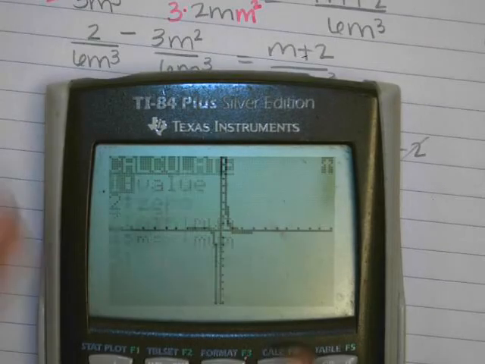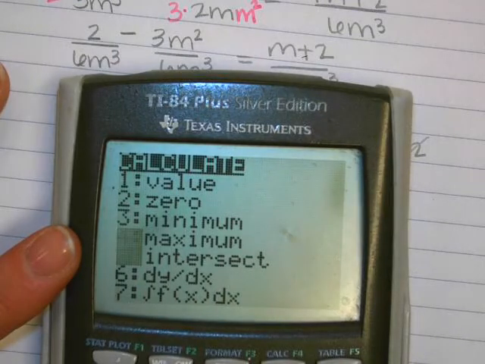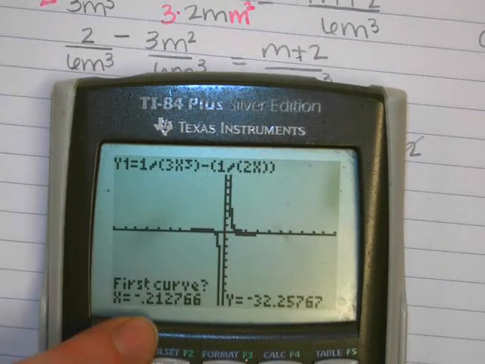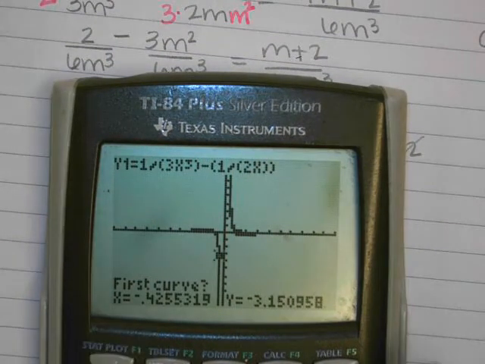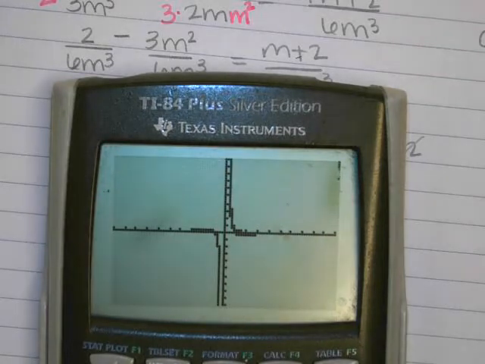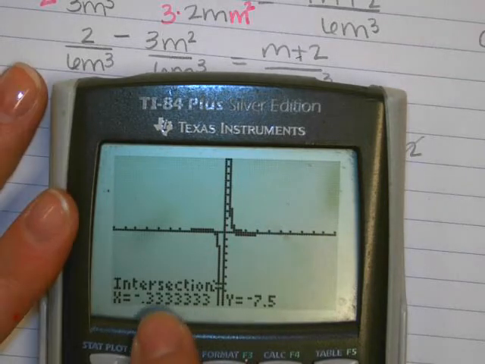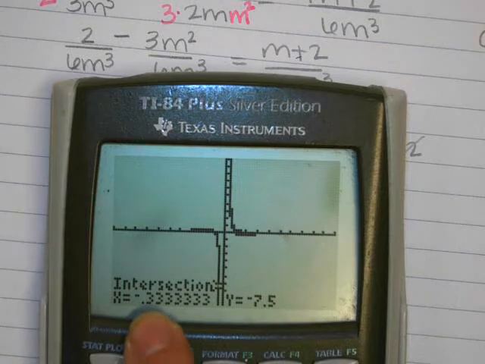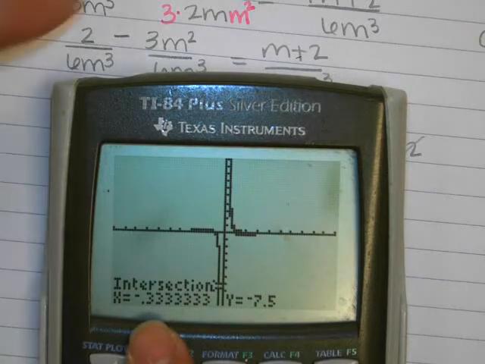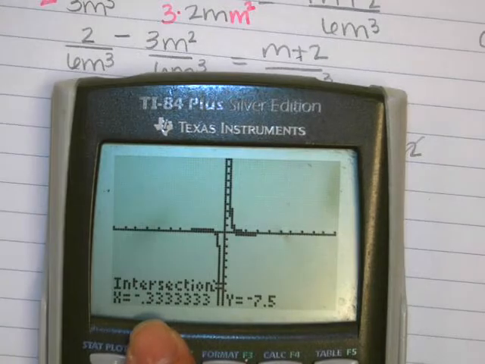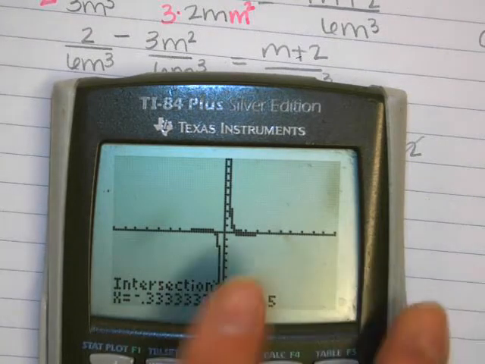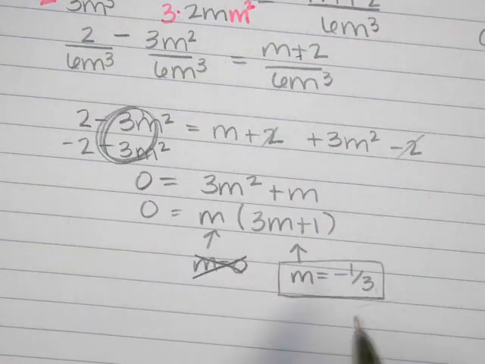So if I do second trace and I do intersect, I'm just going to move to like -1/3-ish. And what you'll see is that they do cross at -1/3, even though I can't see it. My calculator was able to find it, so that is the solution. And if you plug in -1/3, then each side of the equation equals -7.5. So that's one way to check your answer.